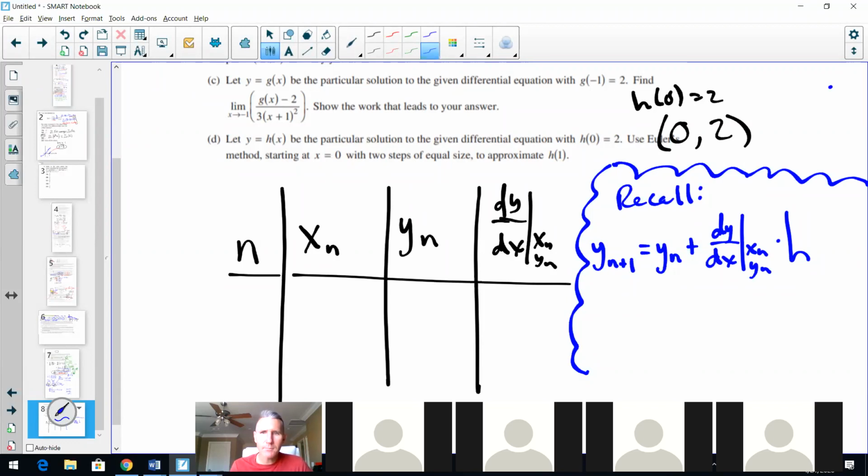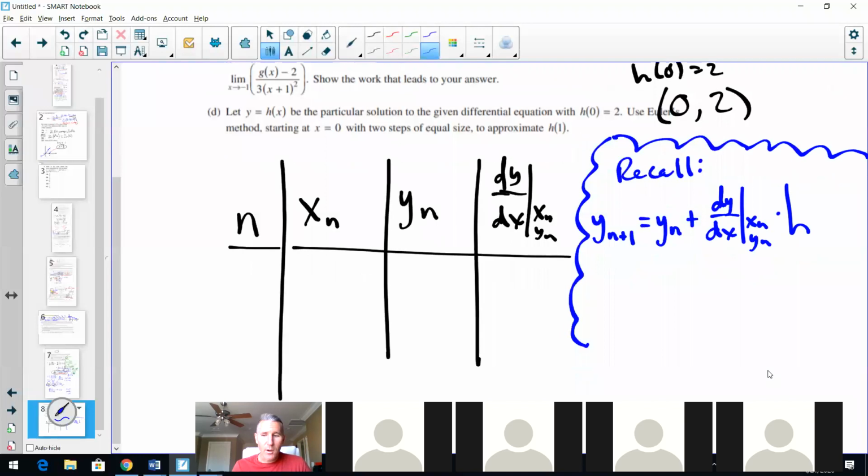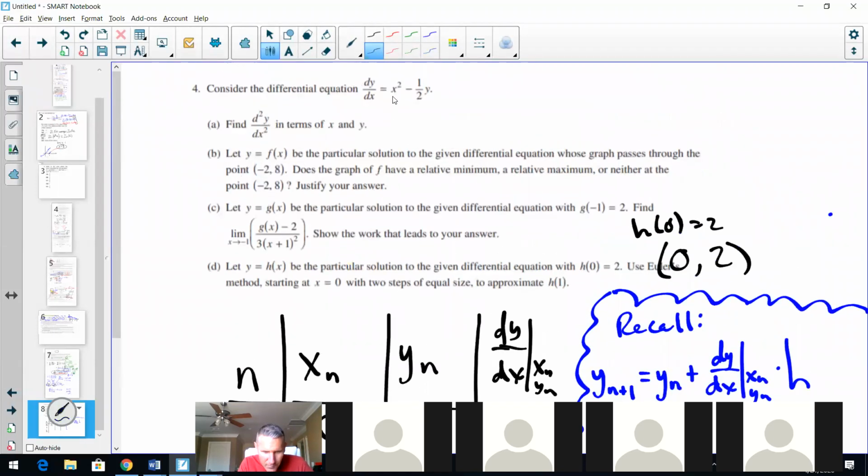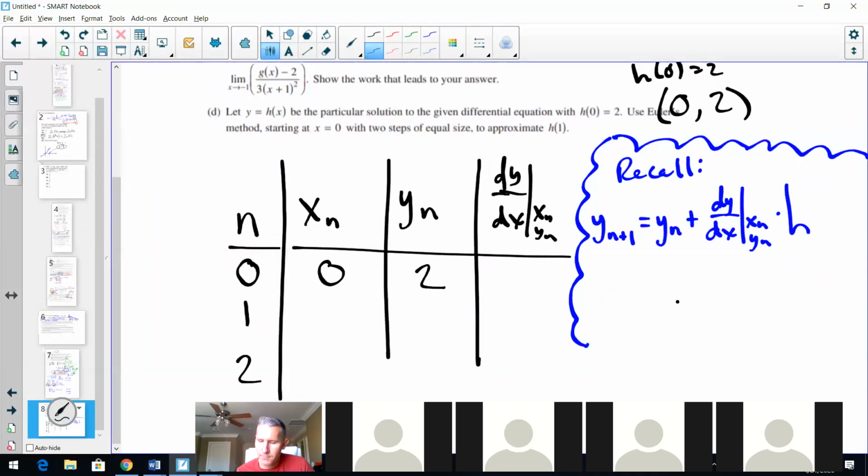A little bit, maybe? Whatever. Okay, so I'm going to plug in what I know right now. Start with n equals 0, and then I want 1 and 2 steps. My initial x value is 0. My initial y value is 2. And let me write the differential equation in blue just so I have it here, which is x squared minus 1/2 y. This is dy/dx, right?